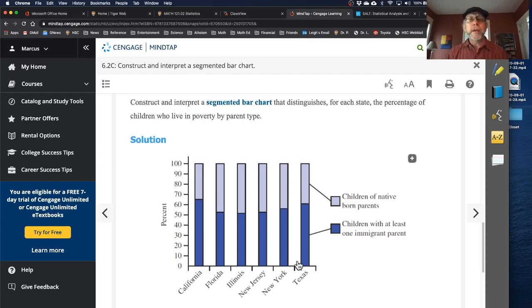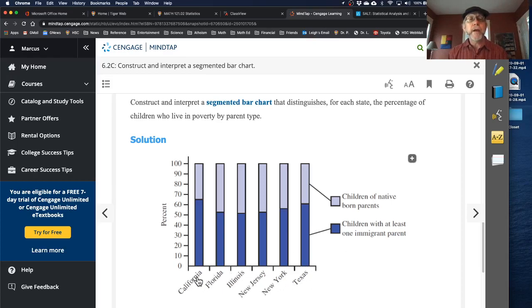What we're looking at is the relationship between the fraction of children who live in poverty and whether one or more of the children's parents were immigrants. And we're looking at that across various states.